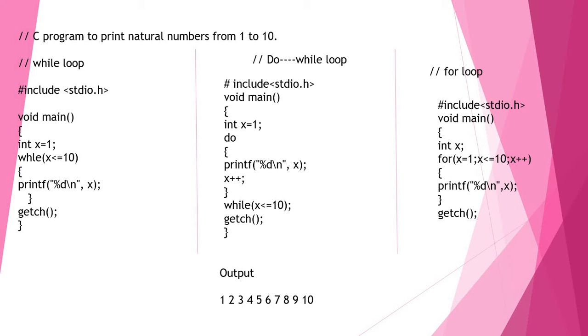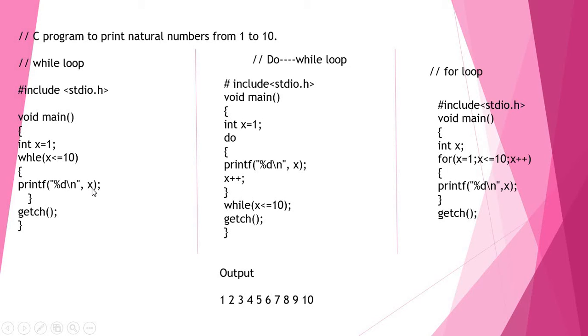Once you create the structure of C, within the initialization part we have initialized the x variable with the value 1. After that, the while loop gets created. The x value is less than or equal to 10, and we want to print the x value.